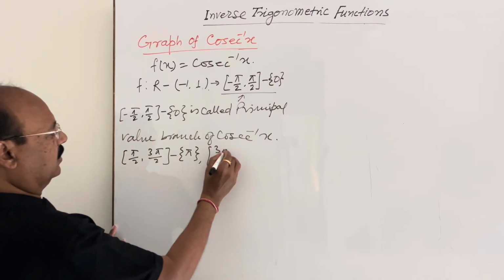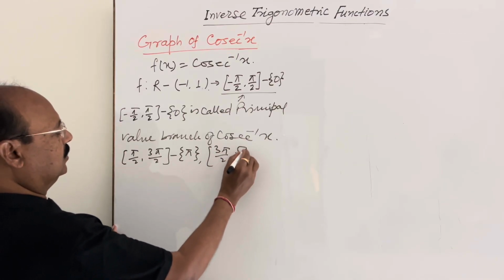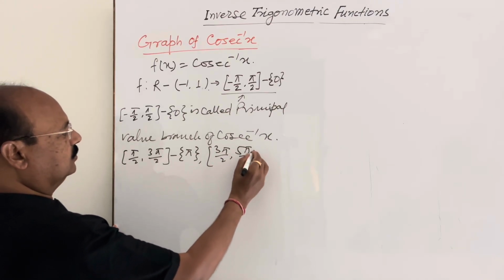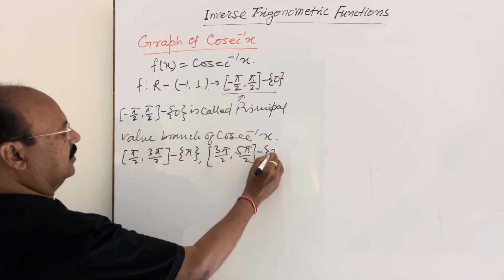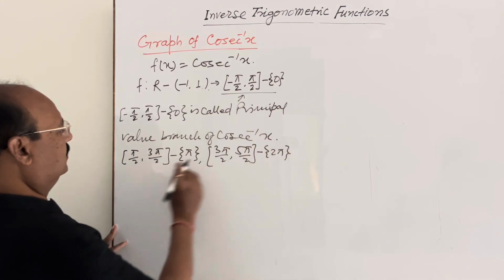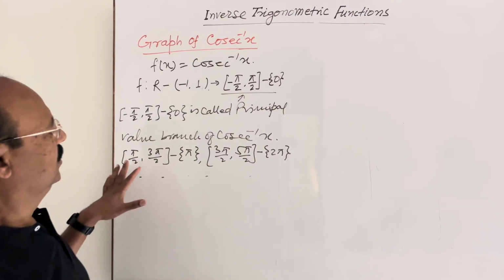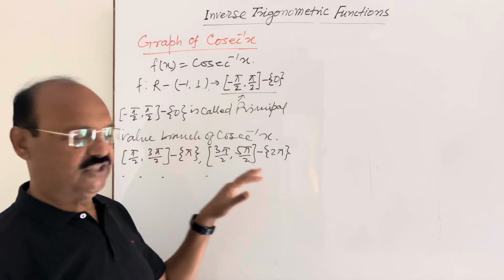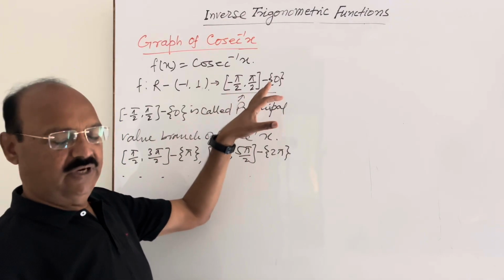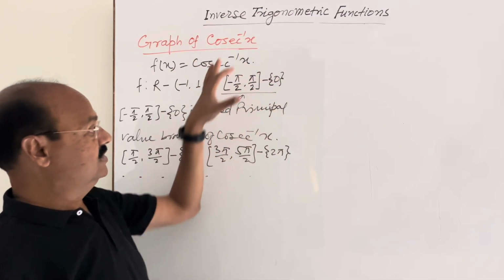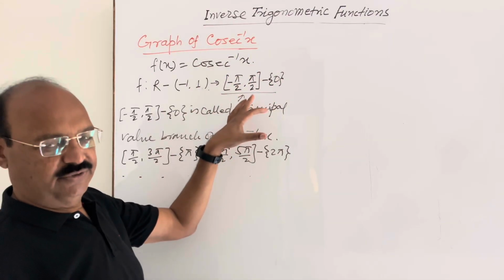Similarly, 3 pi by 2 to 5 pi by 2 minus 2 pi. There are so many branches of this curve. These are other branches other than the principal value branch. But in this chapter, we focus on the principal value branch.